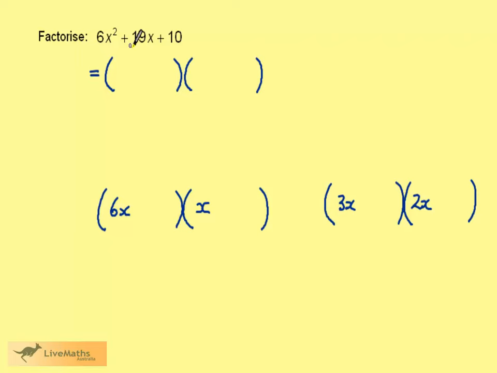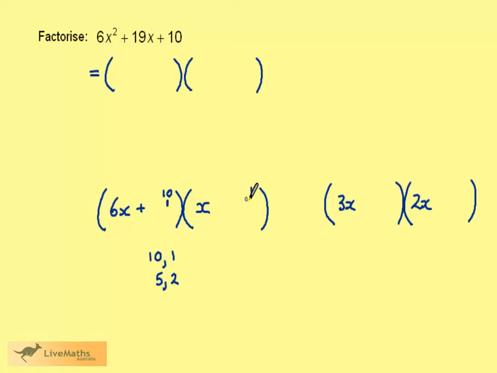Now consider 10. We want to get 19 in the middle, but 10 could be 10 times 1, and it could be 5 times 2. So in here we could try 10 and 1. 10x plus 6x is 16x, so this is not the right choice.